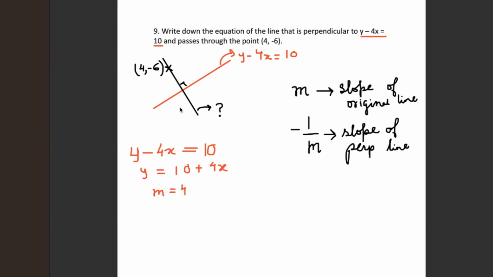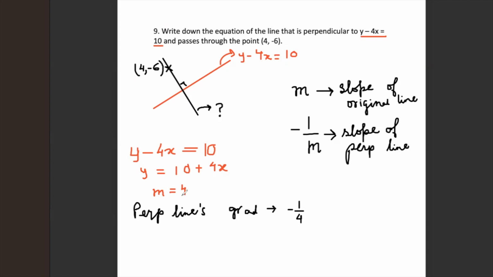So we can say for our perpendicular line, the perpendicular line's gradient should be minus 1 over 4. So we flip the 4.